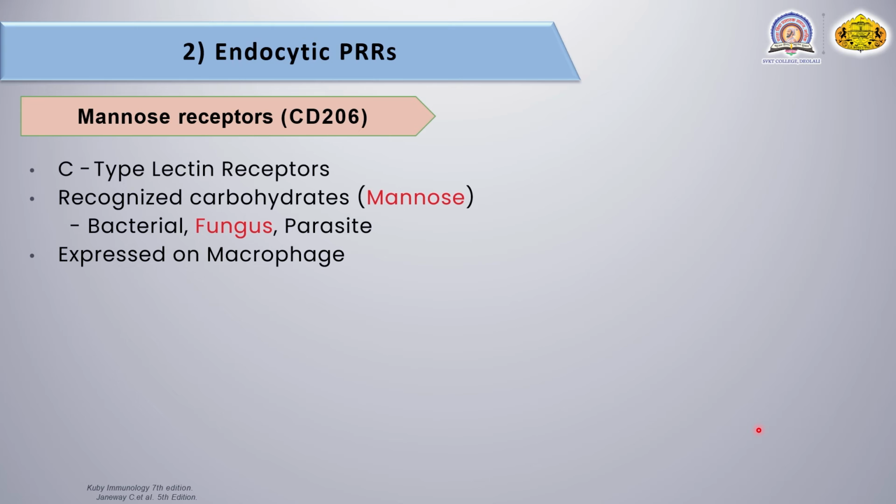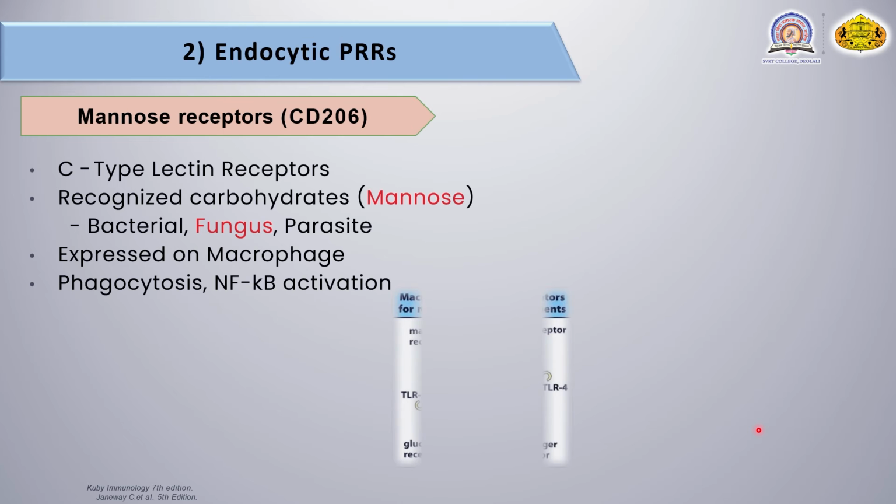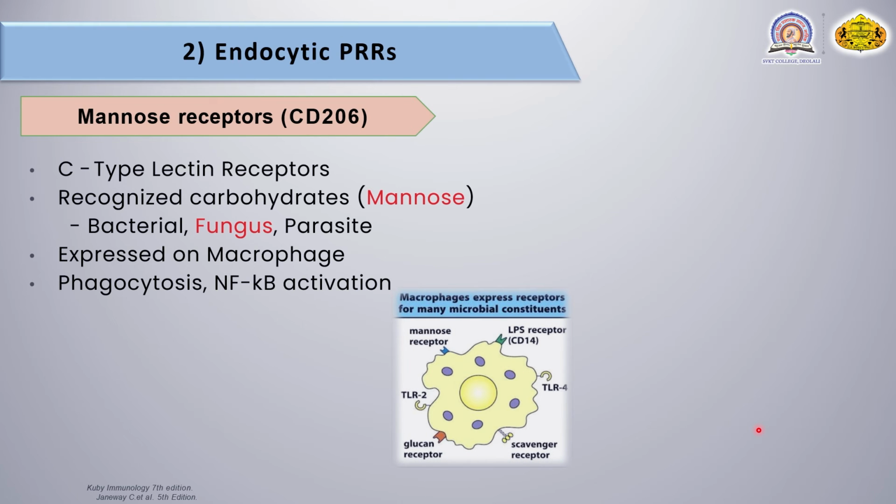And this type of receptor against these pathogens is expressed on the macrophages, and they help in the activation of phagocytosis. They are also helpful in the activation of other inflammatory components. It is like this here. So this is a macrophage, one type of phagocytic cell, and on it these receptors are present, you see, like this.